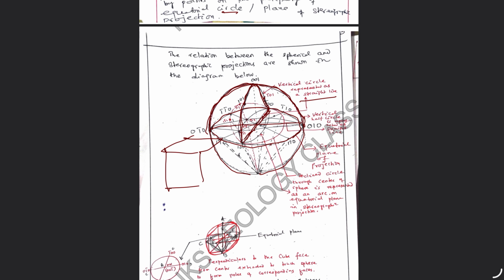If these are the cube faces, so poles are drawn like this, like this, like this, like this. So these 4 poles occur in the peripheral zone.